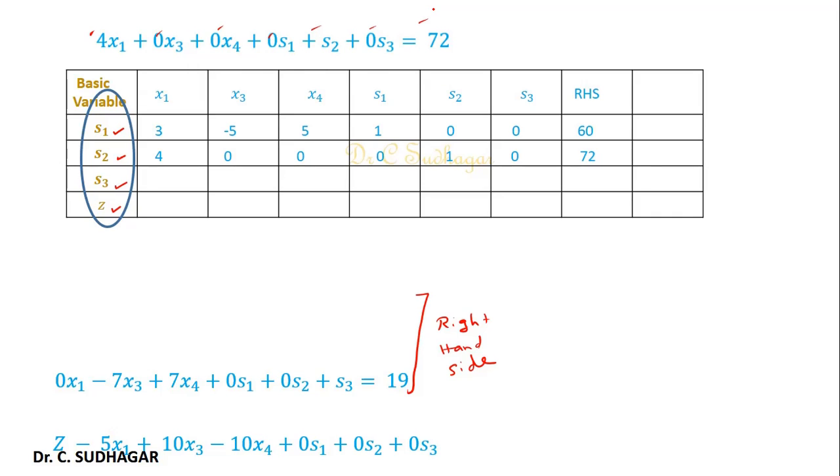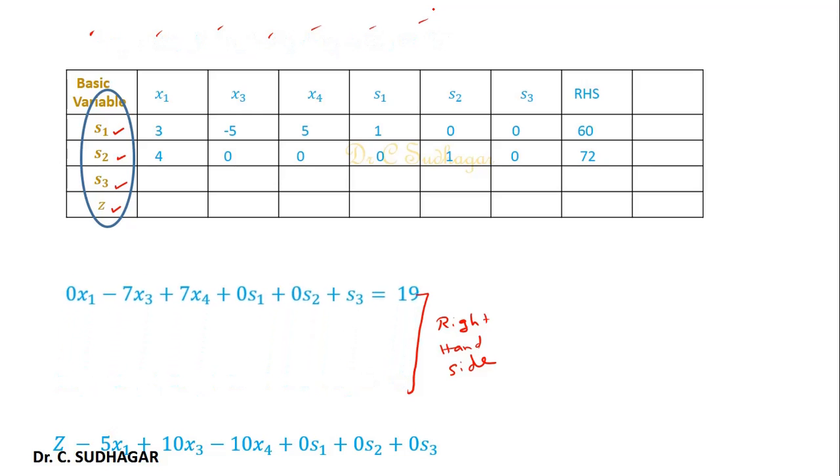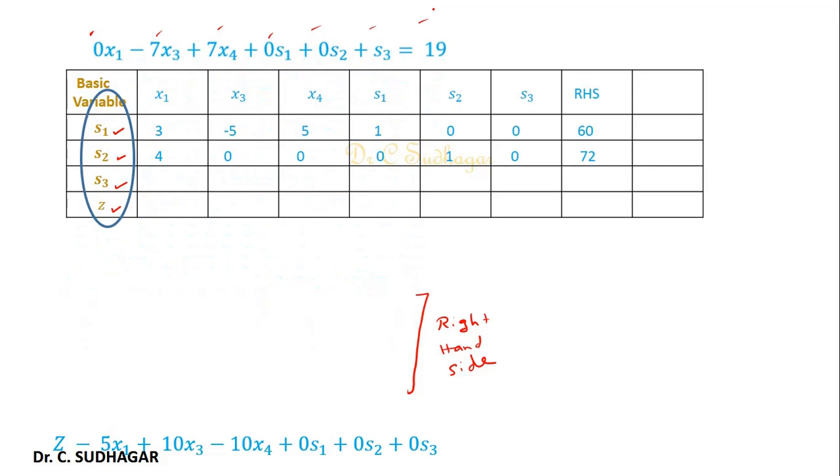Put the constants here. Then take the third equation, which has 0 x1, minus 7x3 plus 7x4, 0, 0, 1, 19. Here there is a minus 7, so you should take it along with the sign: 0, minus 7, 7, 0, 0, 1, 19.